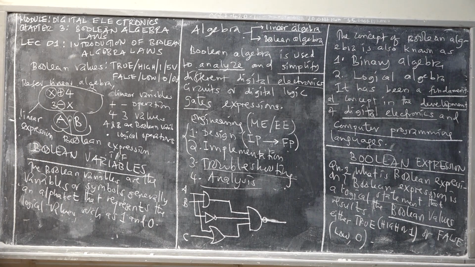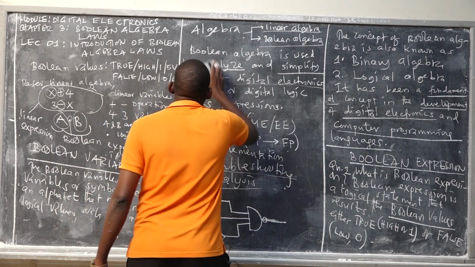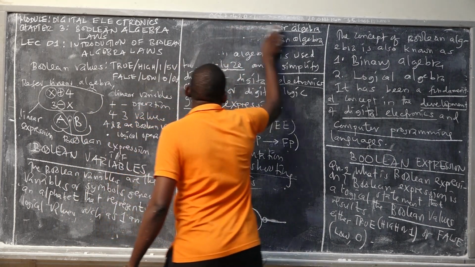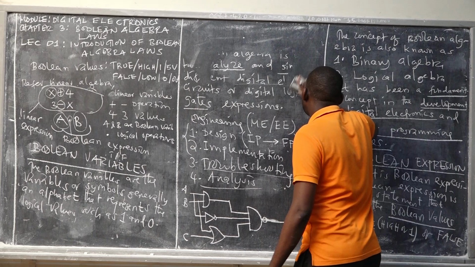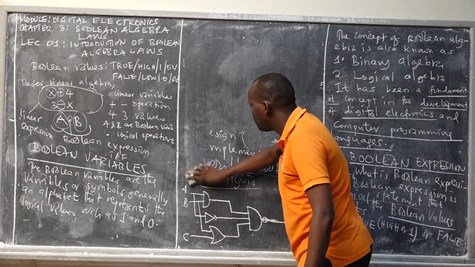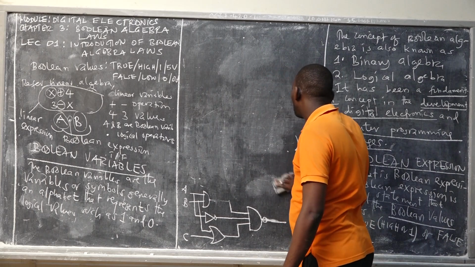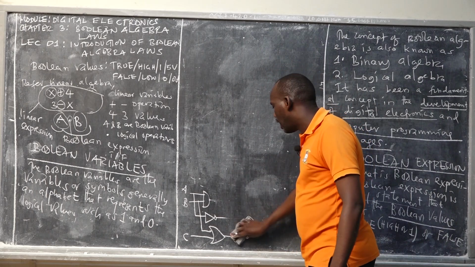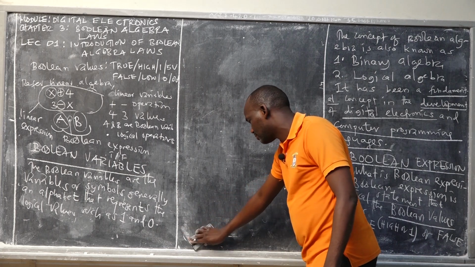That's the meaning of Boolean variables. Simply, these are the letters we use to represent either inputs or outputs of our digital circuits.